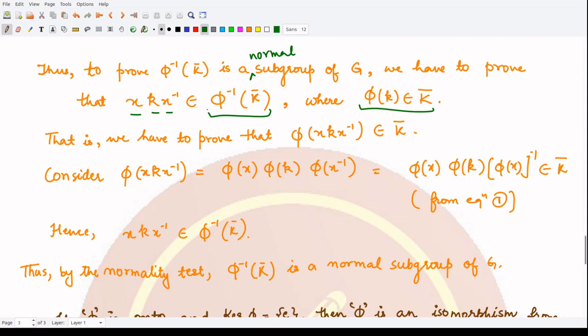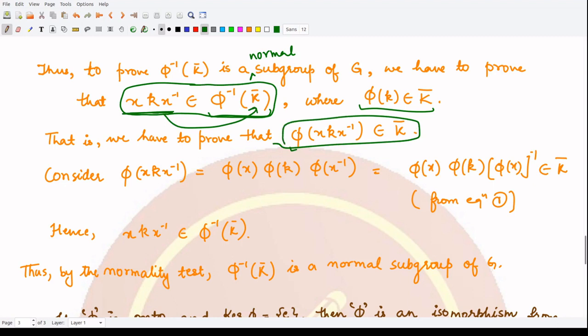What does it mean to prove that x k x inverse belongs to phi inverse capital K bar? It means that we have to prove phi of this element is present in K bar, right? This is the other way we can write it down, by the definition of how we have defined phi inverse K bar. Okay, so what we do is consider phi of x k x inverse and see if it is present in K bar or not.